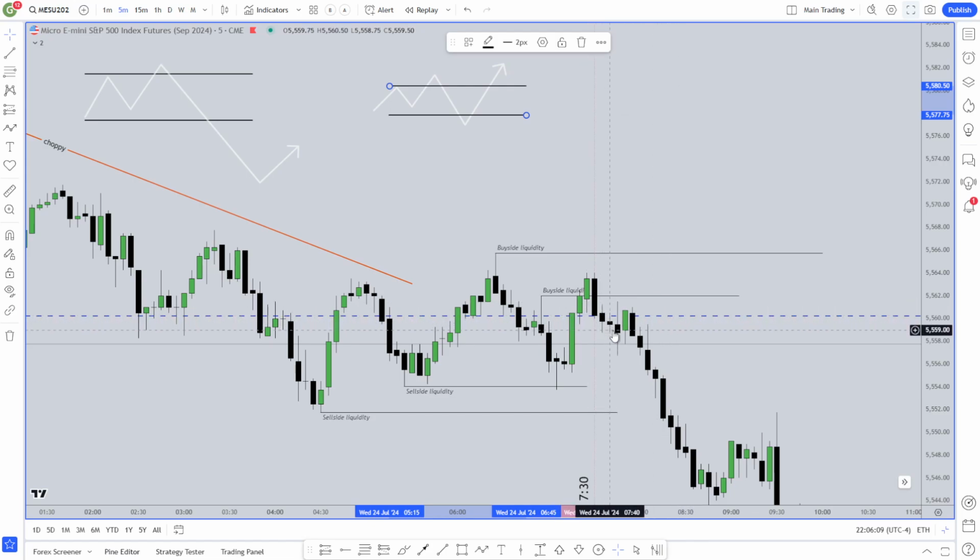So right here is enough of a signal to say we are not pushing higher to create any sort of breaker or order block or fair value gap that we want to have as bullish. Instead, we're seeing a rejection to take the high, and we're starting to see a price action shift to the lows. Most aggressive entry 7:30 after you take that level.